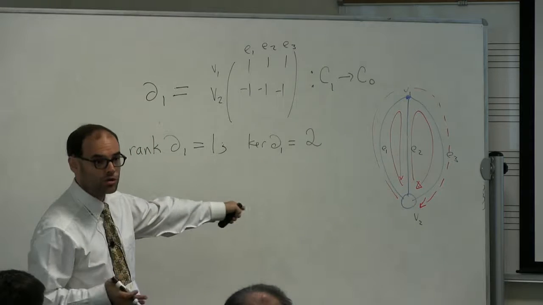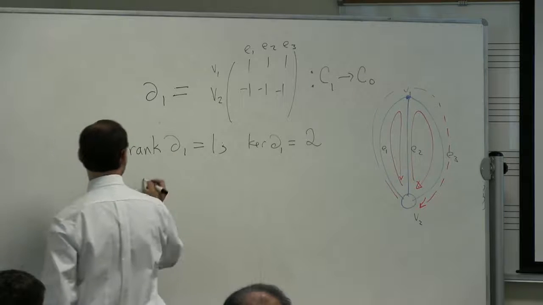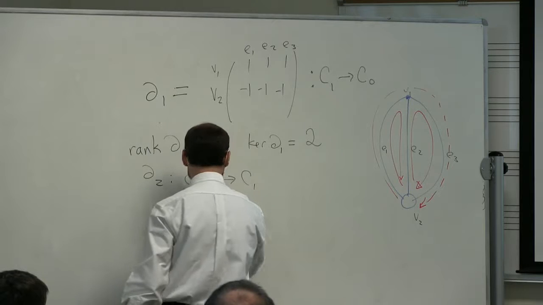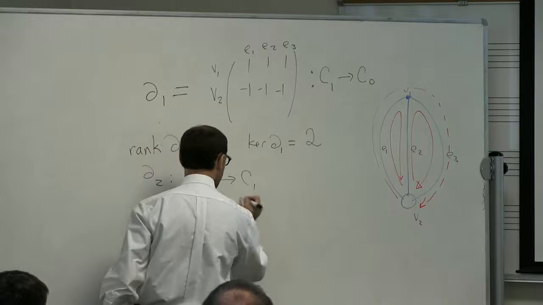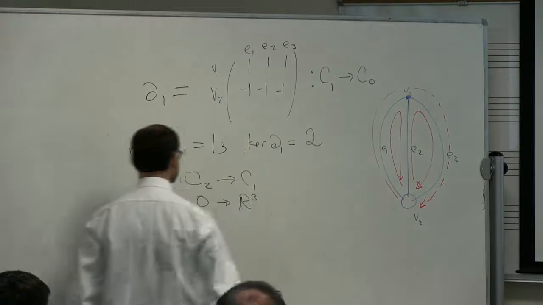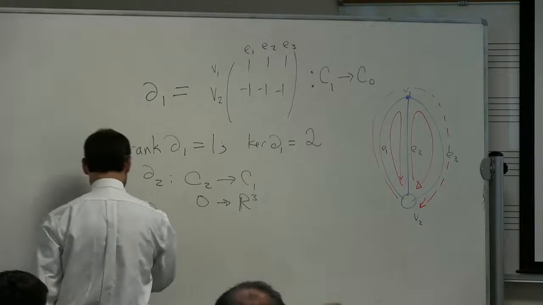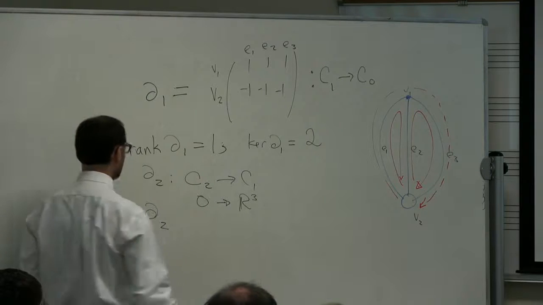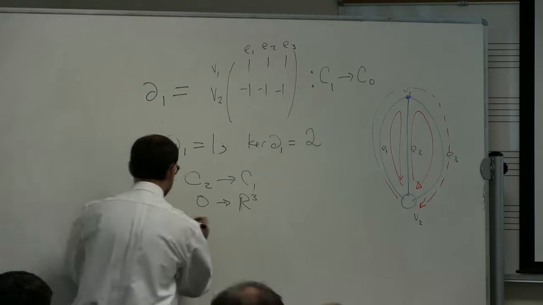0. There are no two-dimensional faces. So going from C2 to C1, this is actually a 0-dimensional space, and this is an R3. So the image of boundary 2 is 0.